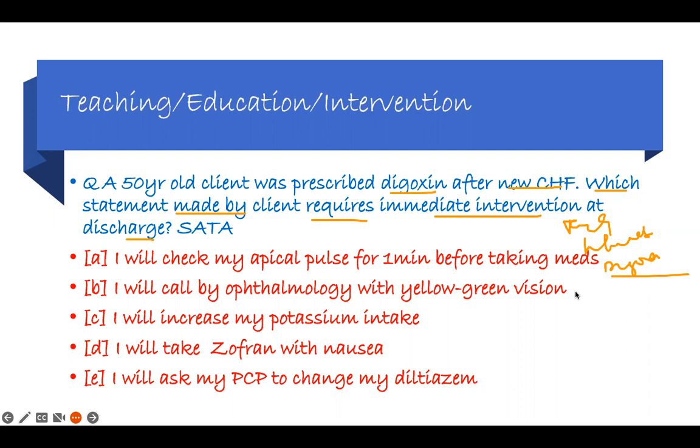There are certain things you have to know about it, and there are side effects of digoxin. They like this medication. What digoxin does, I'll just give you a little bit of content: there is something on the cell called sodium-potassium ATPase. It pushes potassium inside the cell and pushes sodium outside the cell.